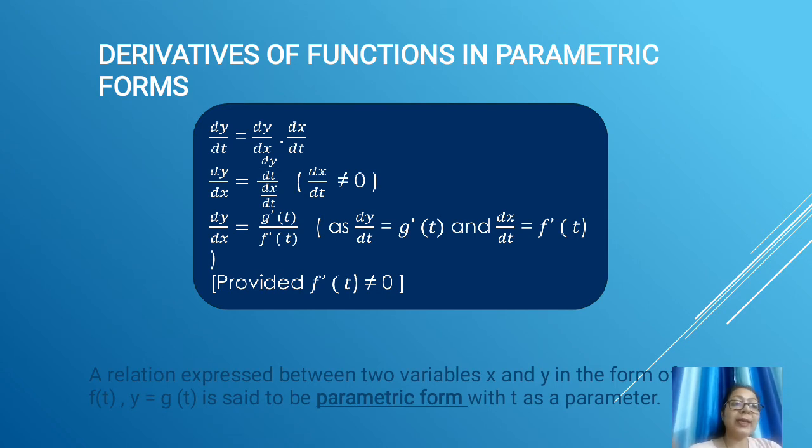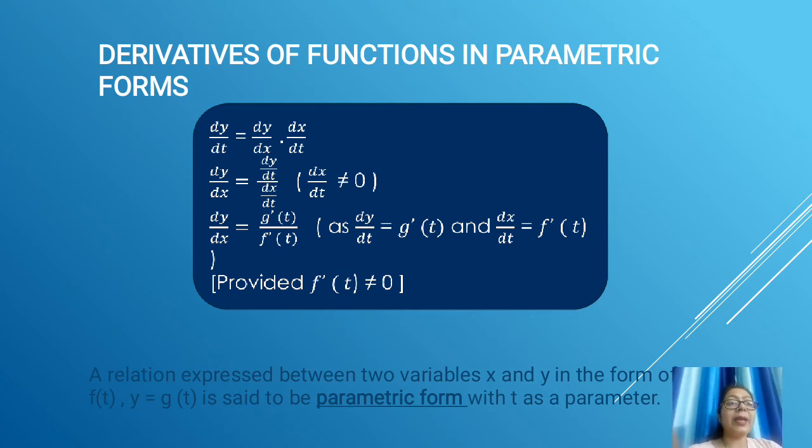So how to get it? From here dx/dt means f'(t) we can get, and dy/dt, that is g'(t), we will get. So from here how will we get dy/dx? dy/dt divided by dx/dt, where dx/dt, the denominator, is not equal to 0.